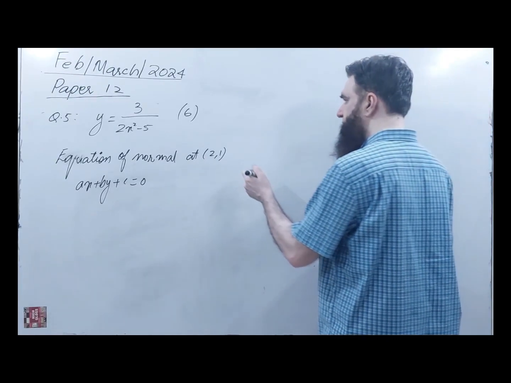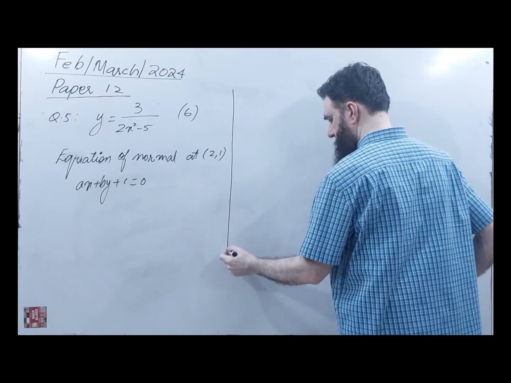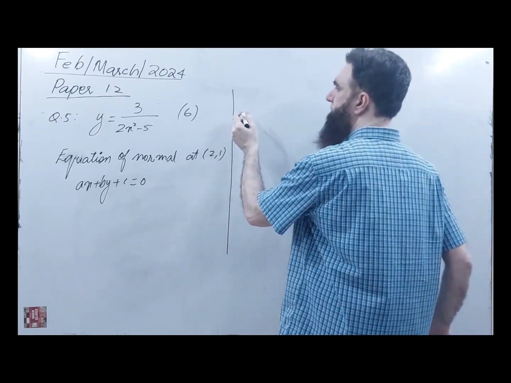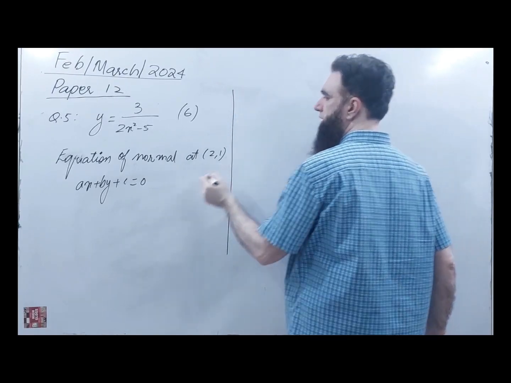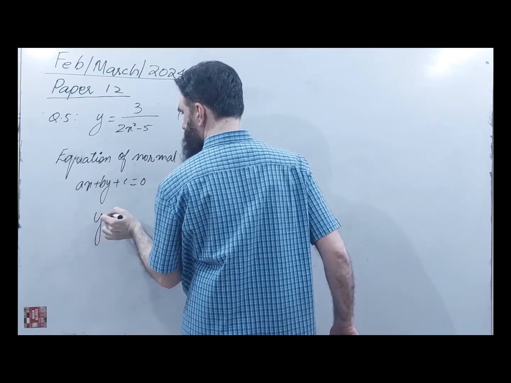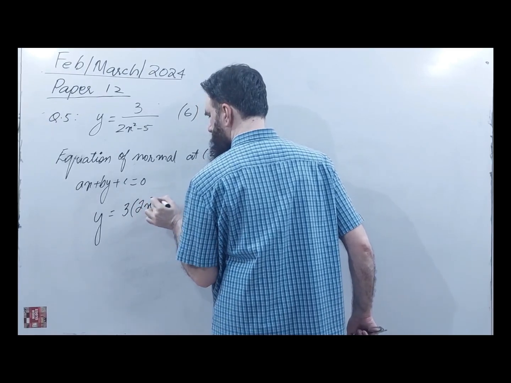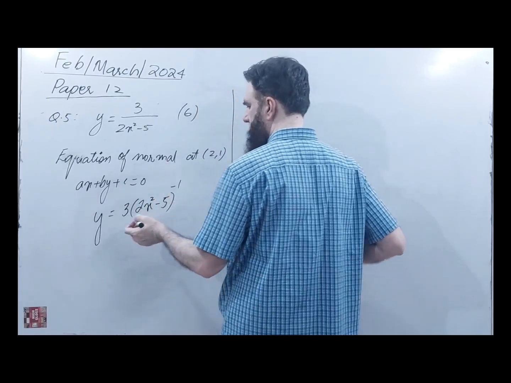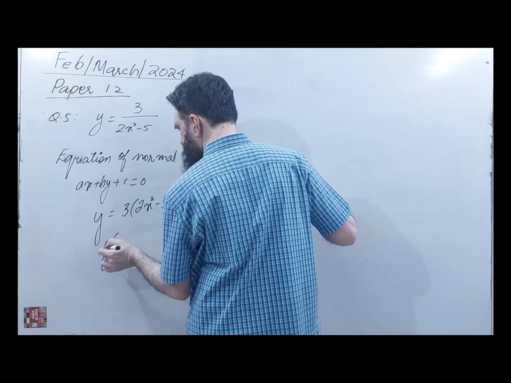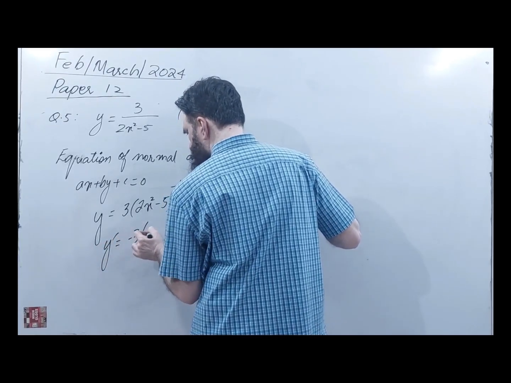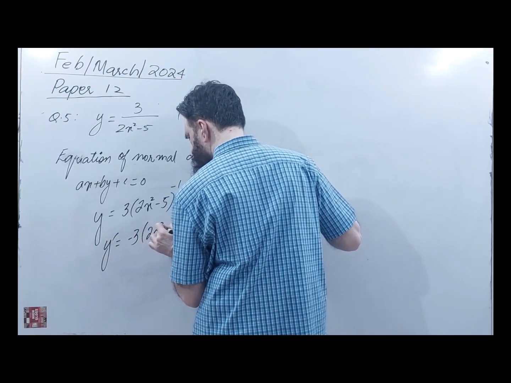So we take the derivative first. How to take the derivative? We take the denominator and the numerator, 2x squared minus 5, to the power minus 1. You know how to find the derivative. Y dash is, you take the power down. This remains same.